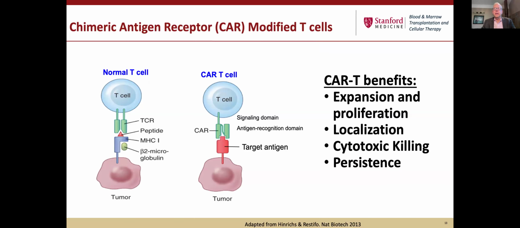So in summary, the development over the last 20 years of CAR T has resulted in benefits that chemotherapy never offered you. That is, these are living therapies. They expand and proliferate to match the tumor burden to meet the patient's need. They localize to the lymphoma, to the multiple myeloma, because these T cells circulate in those spaces.